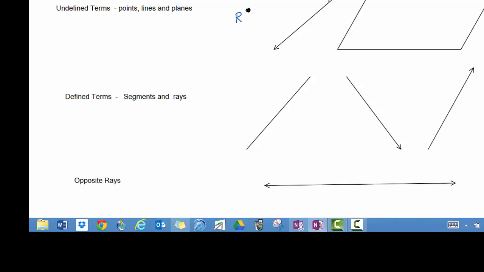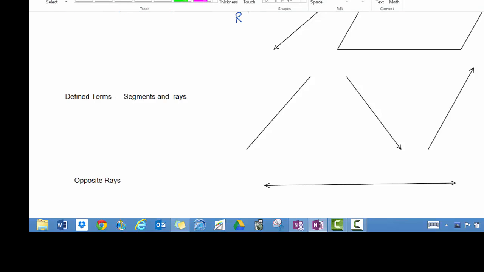Then we go ahead and look at the next undefined term, which is a line. We all understand what a line is. We denote it by a straight line with arrows at either end, indicating that a line goes on forever, and as such it can never be measured because it goes on forever.